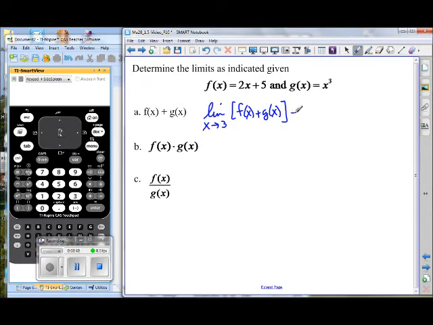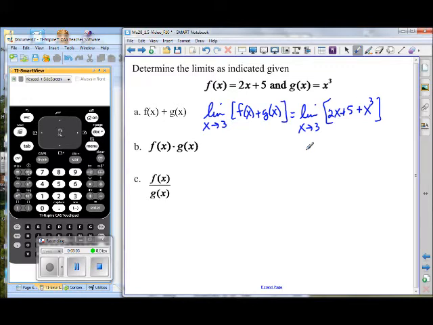Okay. One way to do that would be to say, well, that's the limit as x approaches 3 of, and I'll just put 2x plus 5 in here because that's f of x, plus x cubed. Now, this is a polynomial. We just saw that as a polynomial, we are able to use what we call direct substitution.